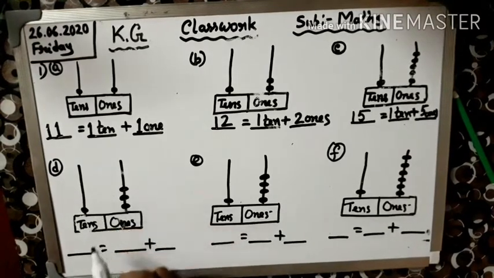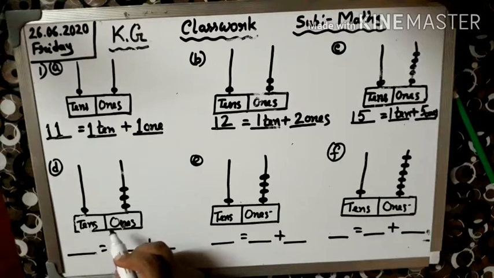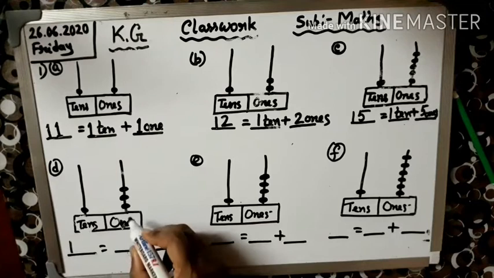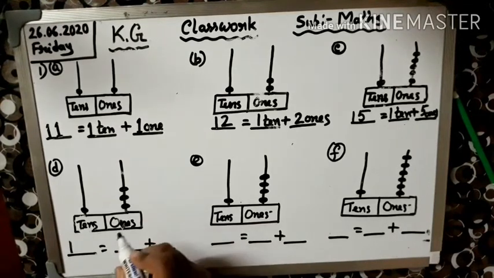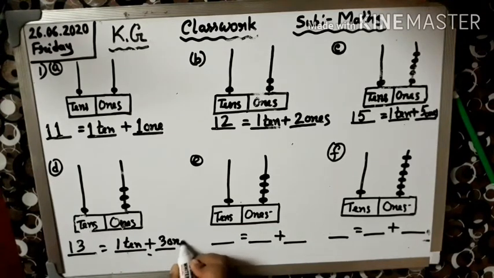Next D. 1 bead on the tens spike. So write here first 1 and 1 2 3, 3 beads on the ones spike. So write here 3, 13, 1 ten plus 3 ones.